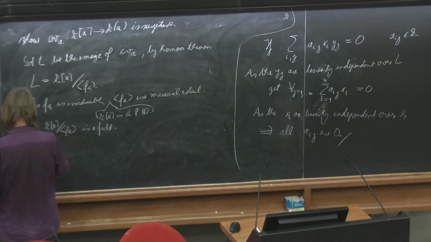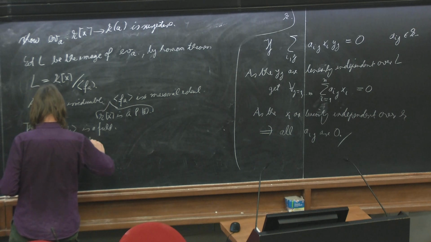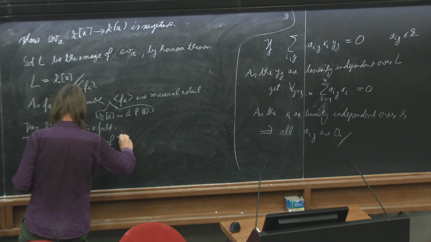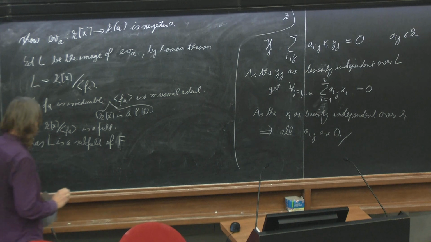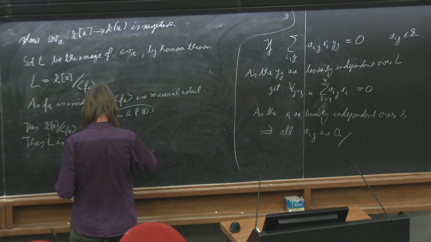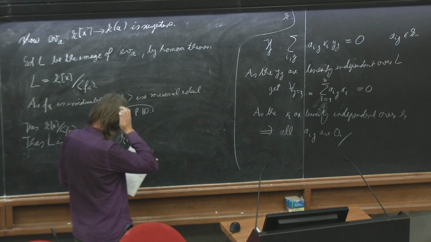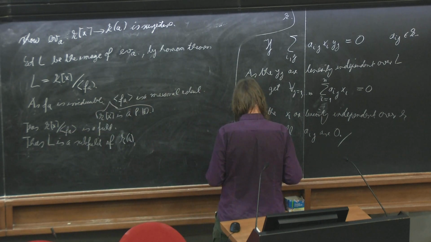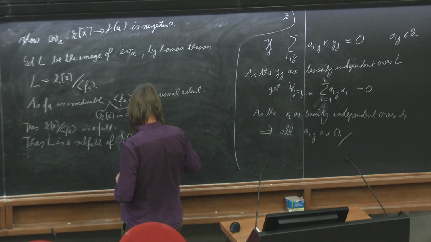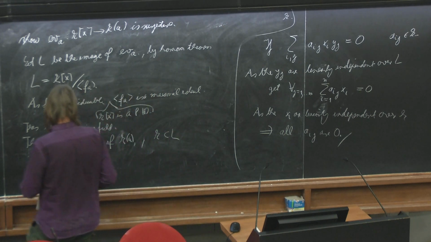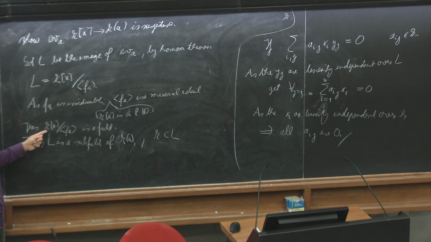So thus L is a subfield of F. And in fact, we also know it's contained in Ka, so it's a subfield of Ka. And obviously K is contained in L as the image of the constant polynomials. A constant polynomial is just sent to itself.